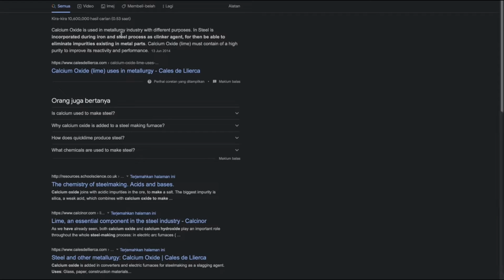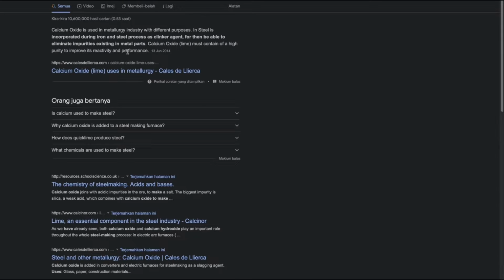Calcium oxide is used in the metallurgy industry with different purposes. In steel, it is incorporated during the iron and steel process as a clinker agent to be able to eliminate impurities existing in metal parts. Calcium oxide must be of high purity to improve its reactivity and performance.